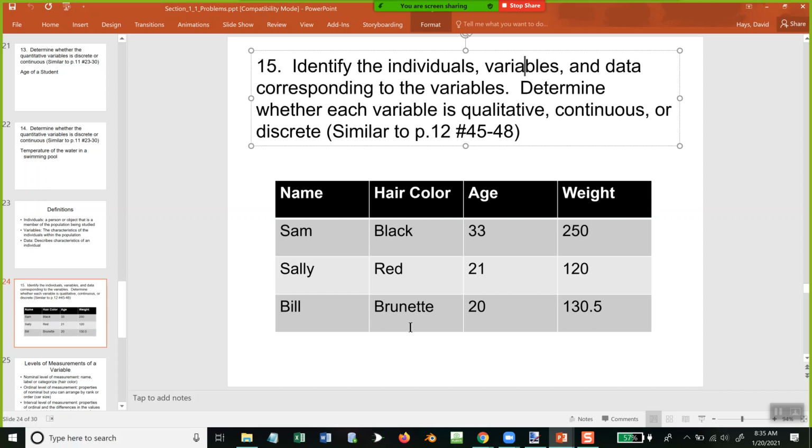Data, of course, is right in here. It says determine whether each variable is qualitative. Hair color would be qualitative. Age is continuous or discrete, however you'd want to say it. Weight: well, right away, even if I want to treat weight as discrete, I notice this has a decimal. So that right there means it's continuous.